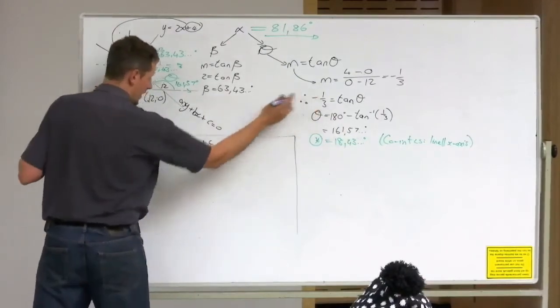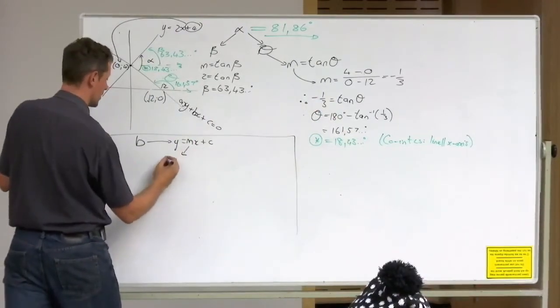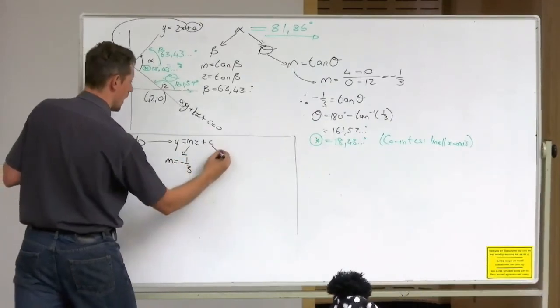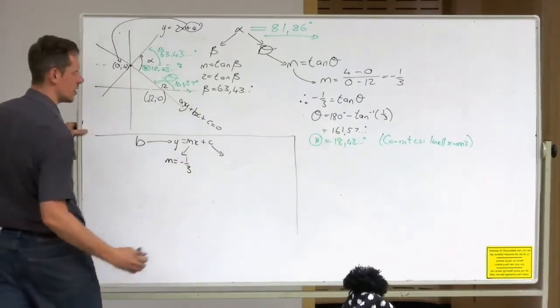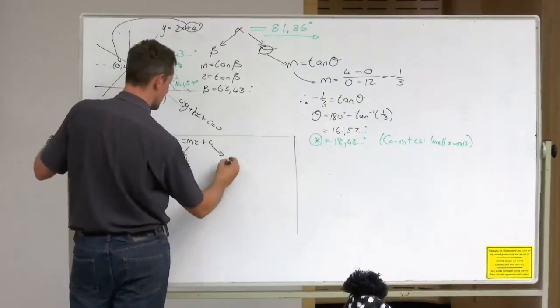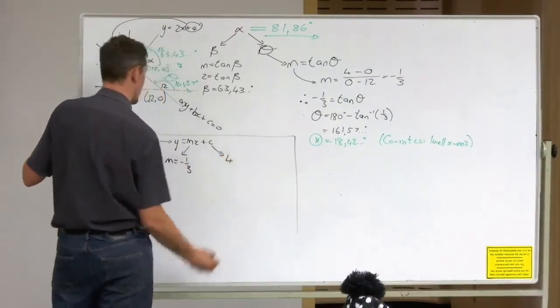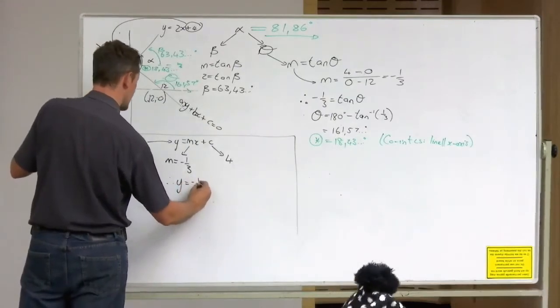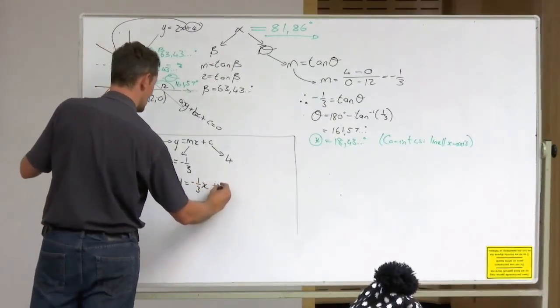I already have the gradient. I already have c, which is 4. So therefore, y is equal to negative a third x plus 4.